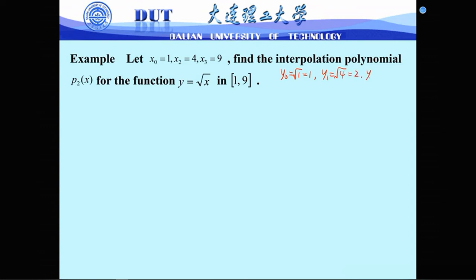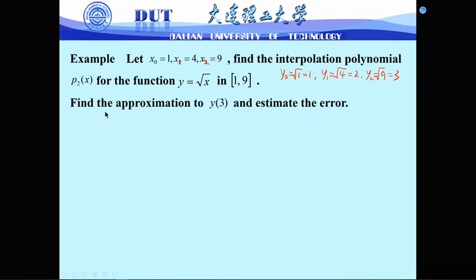Here it should be x0, x1, and x2. Sorry, I need to revise it. And y2 should be square root of 9, so it is 3. So we can find the interpolation polynomial P2 for this function, and then we can approximate the function value at 3.